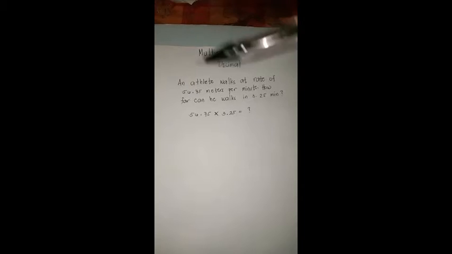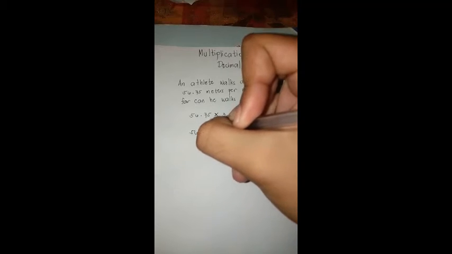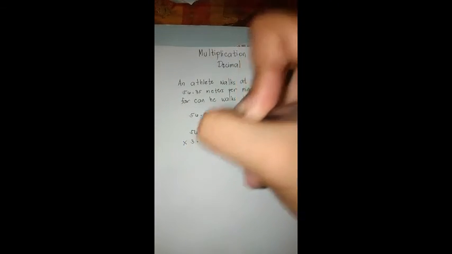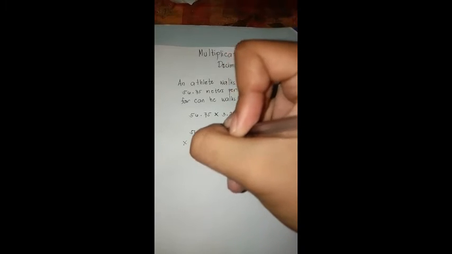So, for example, meron tayo ditong ito. Isusulat ko lang siya vertically. So, 56.75 multiply by 3.25.